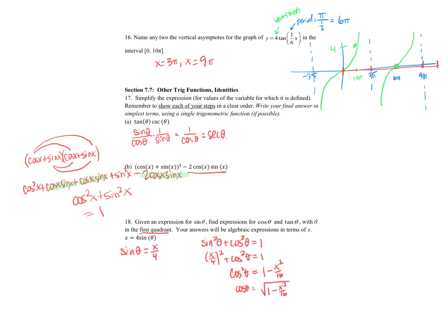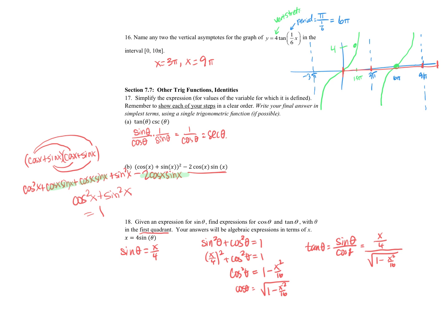Now I need to find an expression for tangent theta. Well, I know that tangent theta is equal to sine theta divided by cosine theta. So I can just write that out, and I get that sine theta is x over 4, and that is over this thing, the square root of 1 minus x squared over 16.